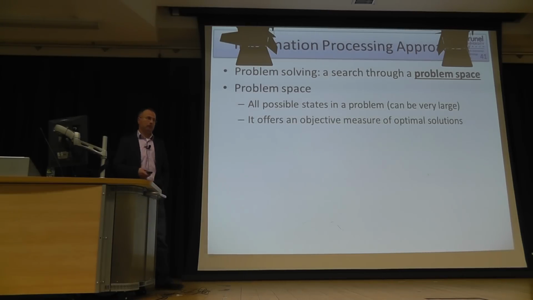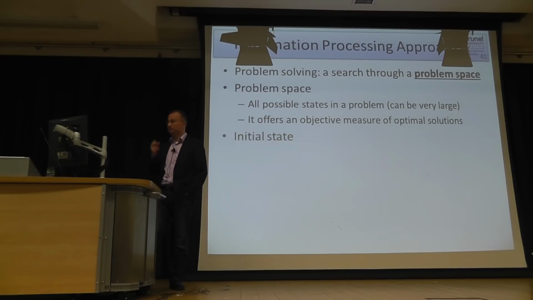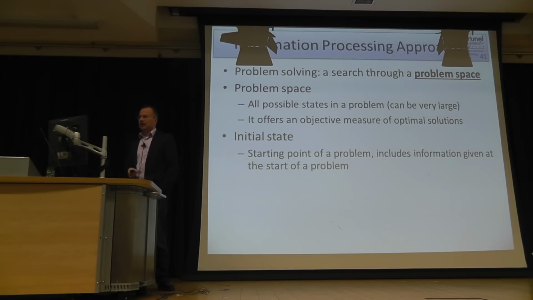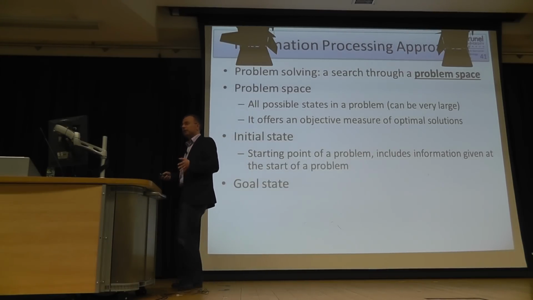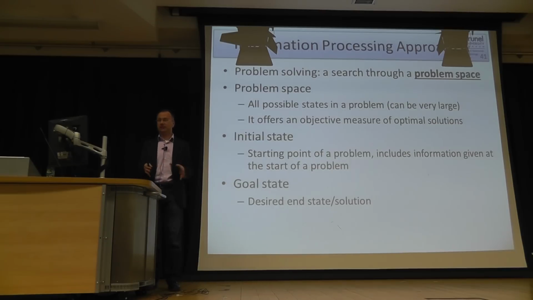So this more formalized information processing approach offers the advantage that we have an objective measure of optimal solutions. We have the initial state, the starting state and all the information we have at the beginning, and we have the goal state, the desired state, the end state, the solution.